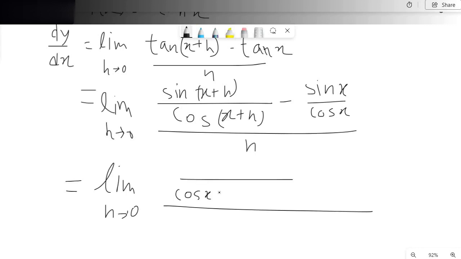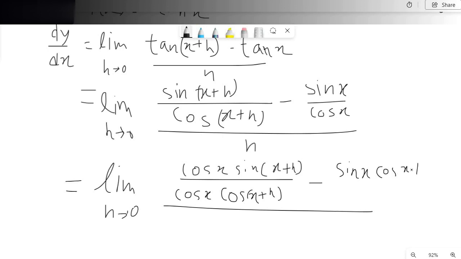So we multiply the left side with cos x by cos x, which is cos x multiplied with cos x plus h, so that we get the same denominator, and at the top we have cos x multiplied with sine x plus h, and we have subtracted sine x multiplied with cos x plus h, because the right side needs to be multiplied with cos x plus h divided by cos x plus h, so that the denominators are the same, and we have cos x multiplied with cos x plus h.